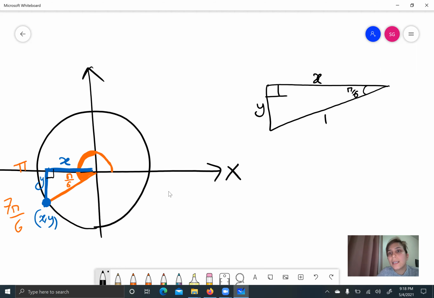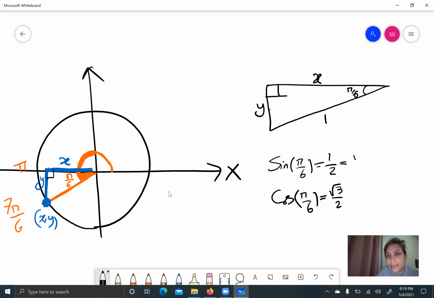We know the sine and cosine of pi over 6. Sine of pi over 6 is 1/2. Cosine of pi over 6 is square root of 3 over 2. Sine is the opposite over the hypotenuse, so that's the y, and cosine is the adjacent, so it's x.